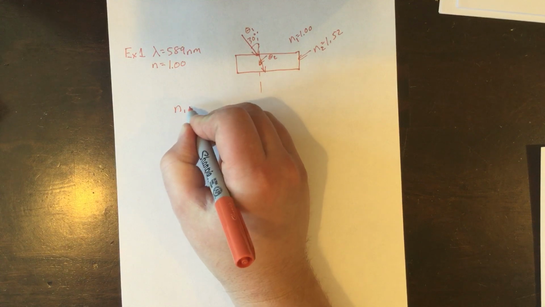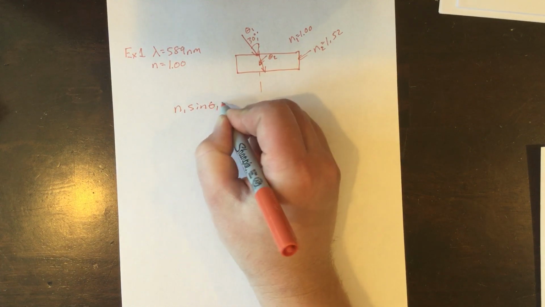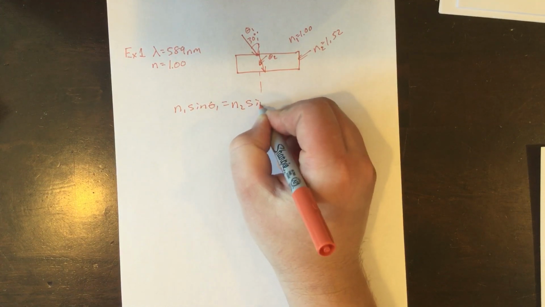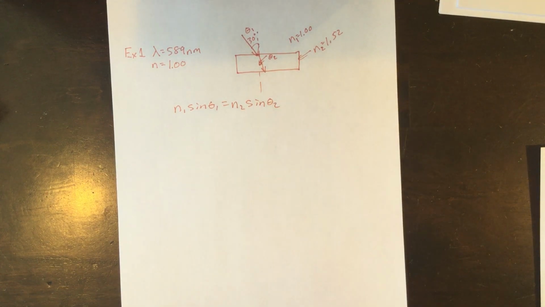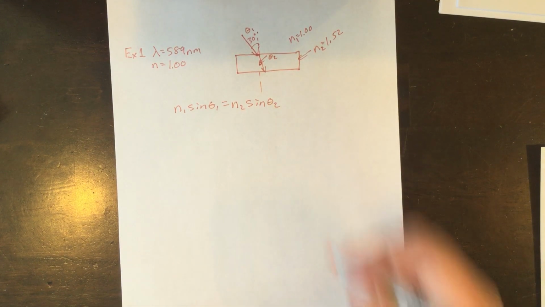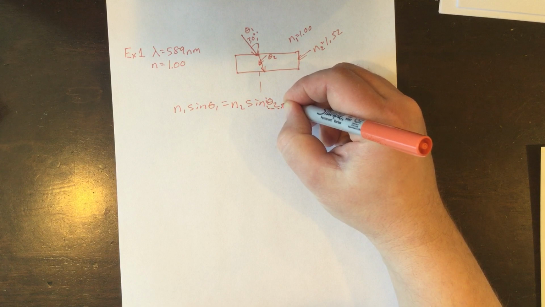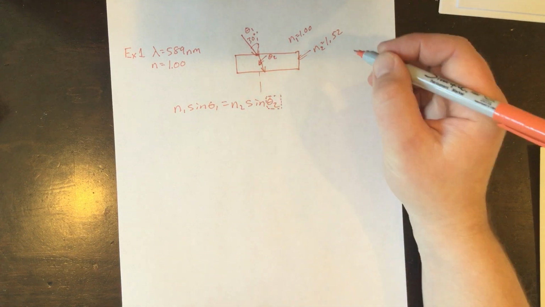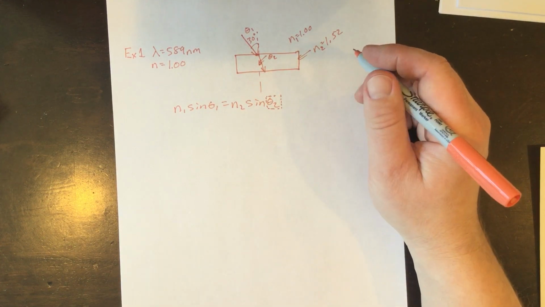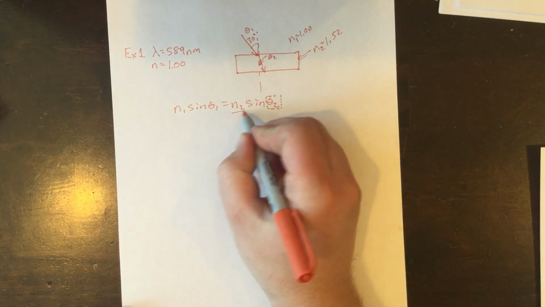So we go n1 sine of theta 1 equals n2 sine of theta 2. Now I'm going to solve for theta 2. In the problems coming up, if I ever have to solve for theta 2 again, I'm just going to write down what it is. I'm not going to show all the algebra.